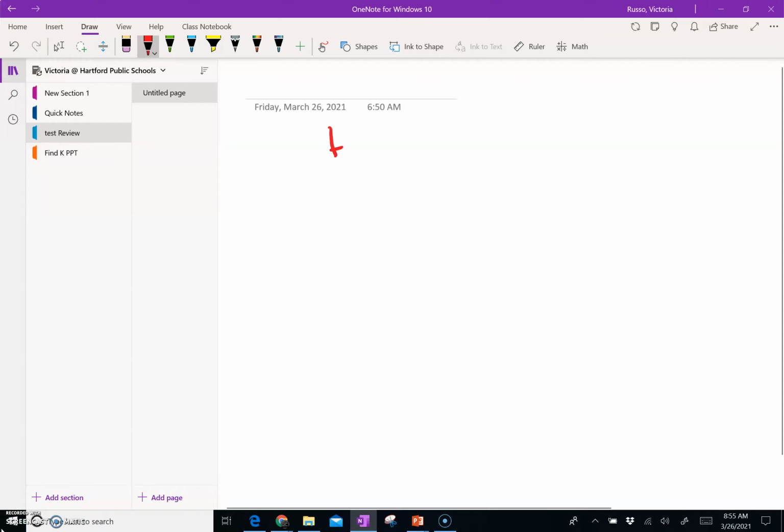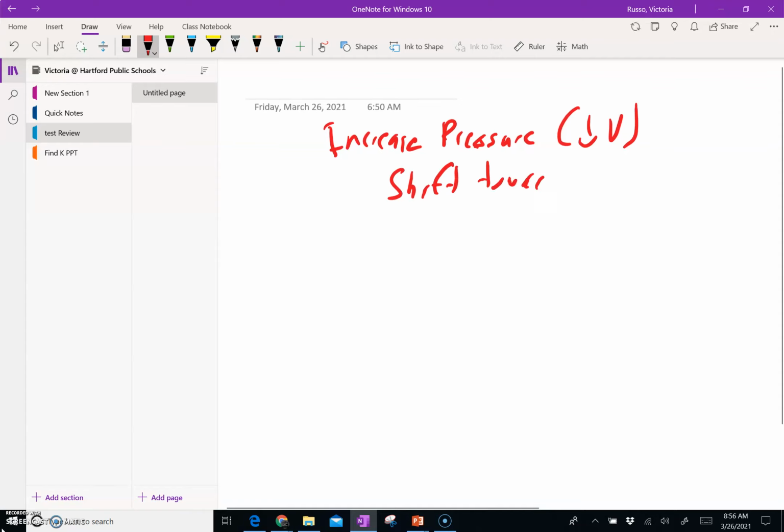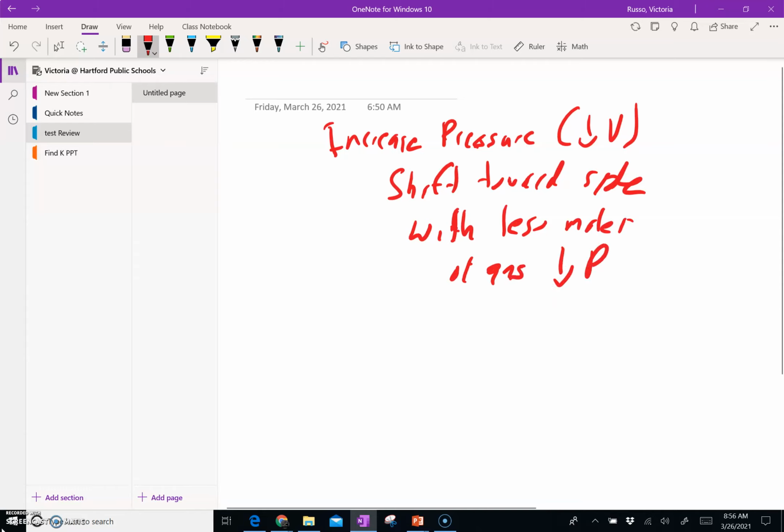If you increase the pressure on the system, which is the same as decreasing the volume, you're going to shift toward the side of the reaction with fewer moles of gas to decrease the pressure back to the equilibrium pressure.